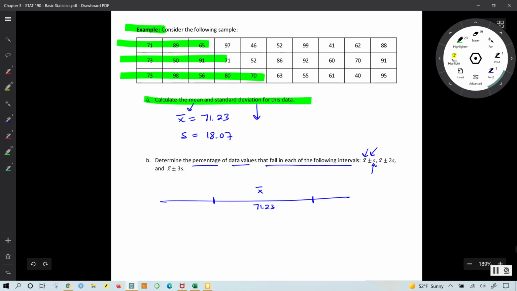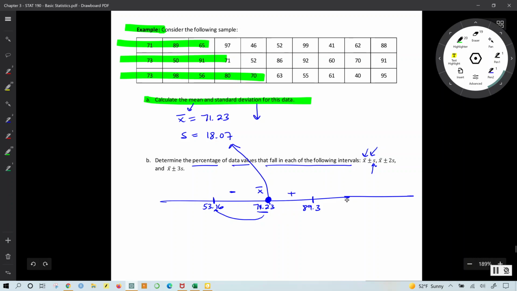So, let's see. 71.23 plus 18.07 will take you to 89.3, that is in the addition. Then subtraction, 71.23 minus 18.07 will take us to 53.16. Well, this is from the mean.